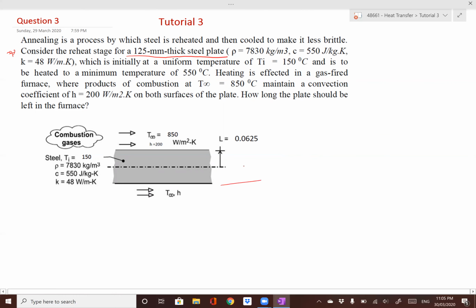That means this thickness is given as 0.125 meters. So from the midpoint to either side the length will be 0.0625 meter. Okay, now density of the steel is given.